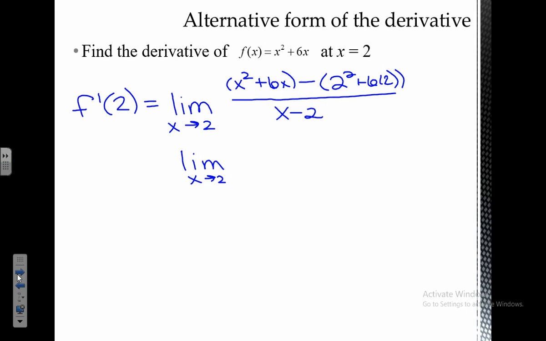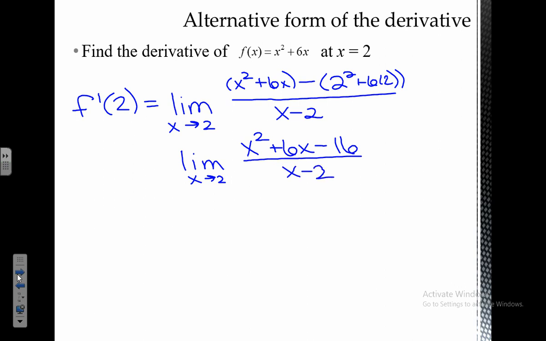If we plug in 2 to that equation, what do we get? Say it louder, I hear people whispering it. 16.